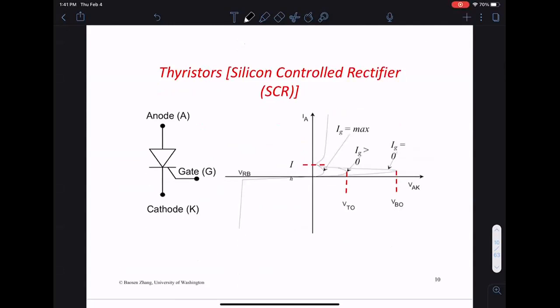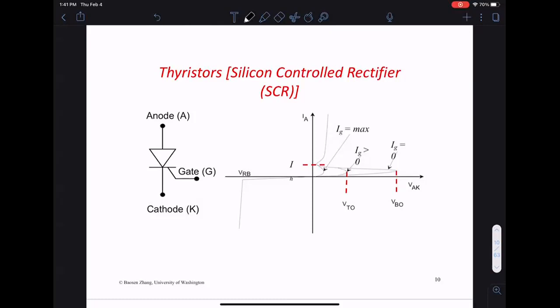Then we have our old friend, the SCR. The SCR is a device that can turn on and off based on the amount of current or voltage you pass through it. We have a triggering angle, and based on what that triggering angle is, we can shift how much current you pass.